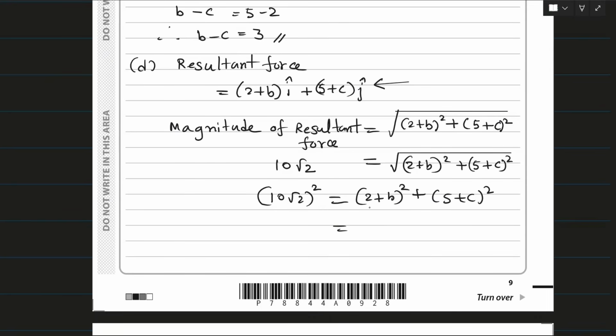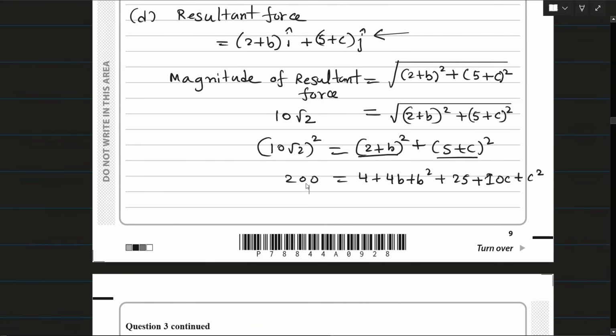Expanding the brackets gives 4 plus 4b plus b square, and 25 plus 10c plus c square. Calculating 10 root 2 whole square gives us 200.